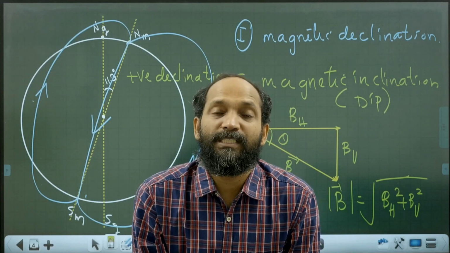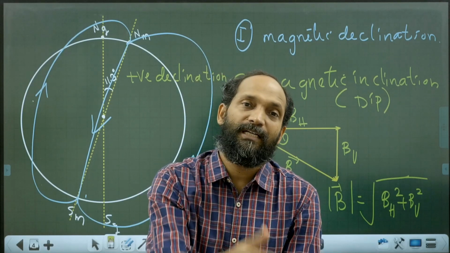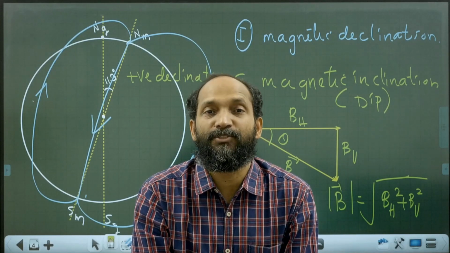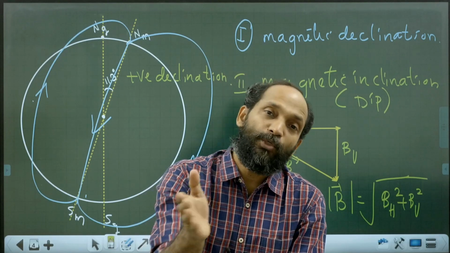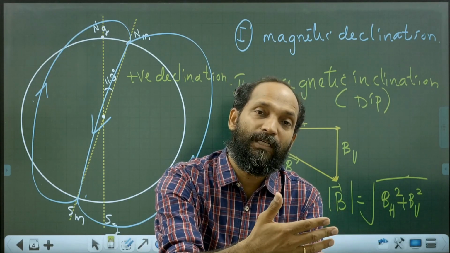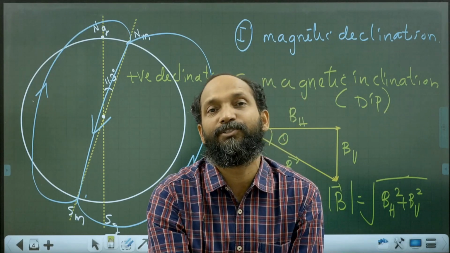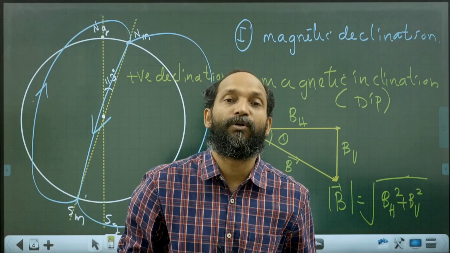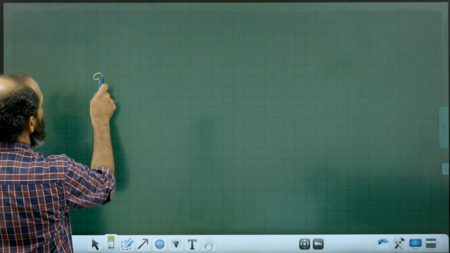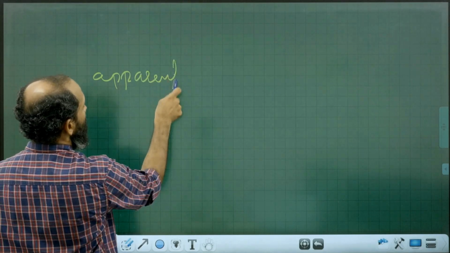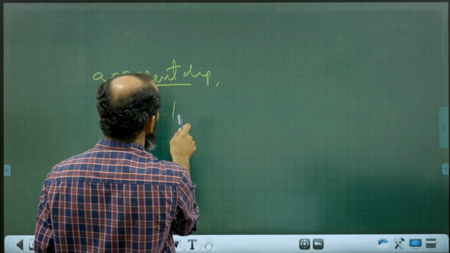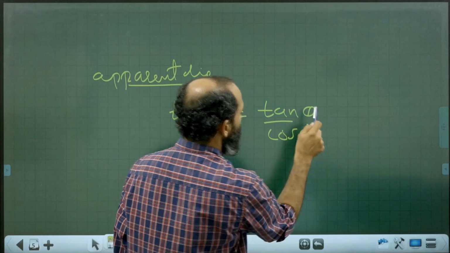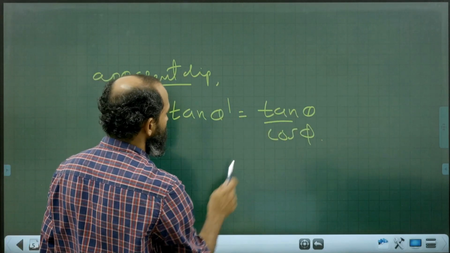The true dip is measured in the meridian, but if you tilt the magnet horizontally through some angle phi, and true dip is theta, you will notice that the new observed dip is greater than the true dip. That observed dip is called apparent dip. The formula for apparent dip is very important: tan theta dash equals tan theta divided by cos phi.